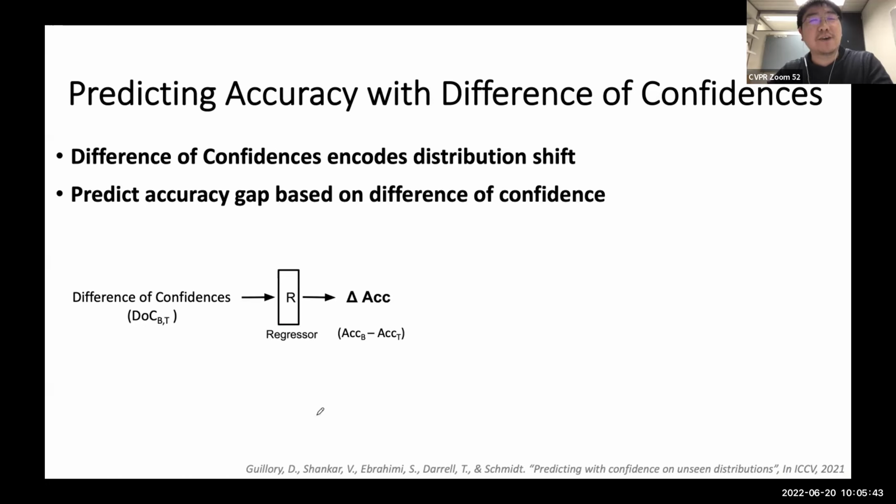So basically, this difference of confidence, through a regression method, can be related to this accuracy gap, the model's accuracy on the base distribution and the target distribution. So this method is also very interesting and effective.